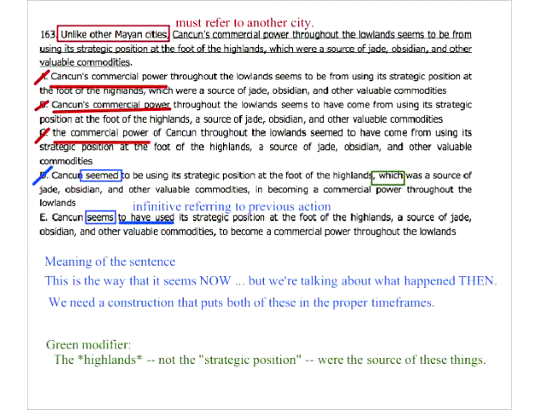So the problem is, we need a which that points to highlands. This seems to do that, but then the issue is that it's which was. So this would require a singular verb. You can't say the highlands which was. It would have to be the highlands which were. Notice that choice E gets around this issue altogether by using an appositive. They just say highlands, comma, a source of. So that works. This doesn't work. This modifier is incorrect.